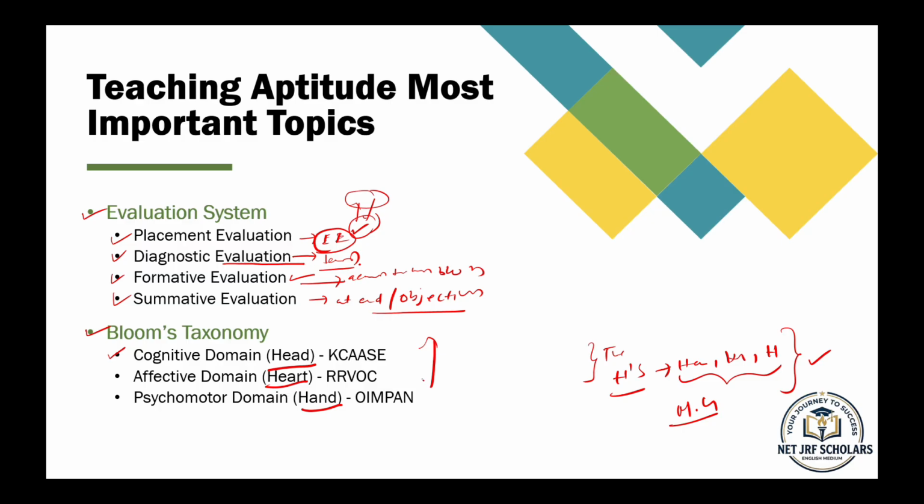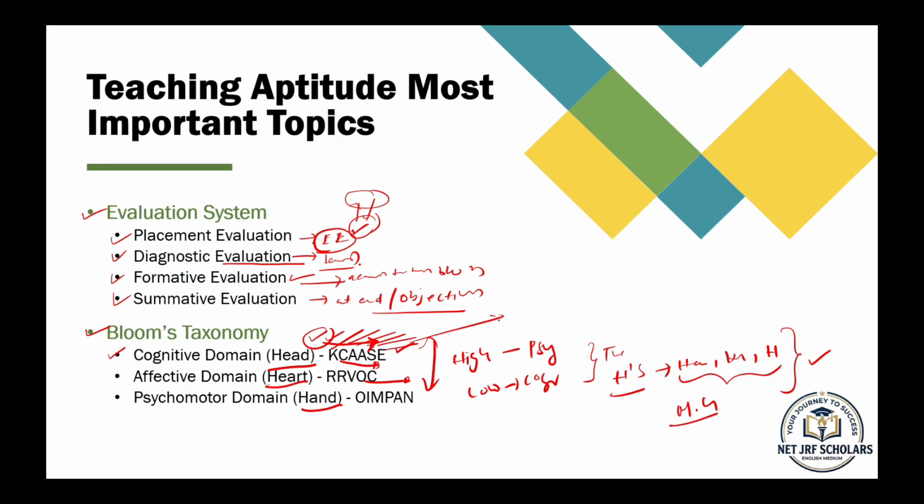And so what is the highest domain in Bloom's taxonomy? It is nothing but the psychomotor domain. What is the lowest domain? It is the cognitive domain. So how do you achieve these? It is a process. These are the steps to achieve cognition. Okay, that is knowledge, comprehension, application, analysis, synthesis, and evaluation.